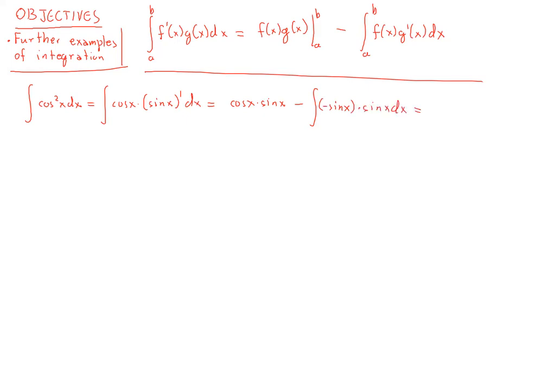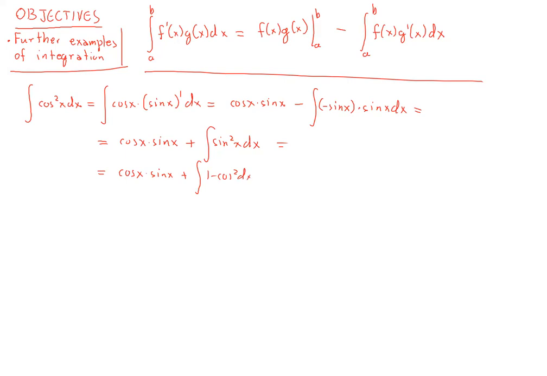Now let's clean up a little: cosine x sine x minus, two minuses give us a plus, the integral of sine square of x. And now it's interesting because you can think of sine square of x as 1 minus cosine square of x, by the Pythagorean theorem.